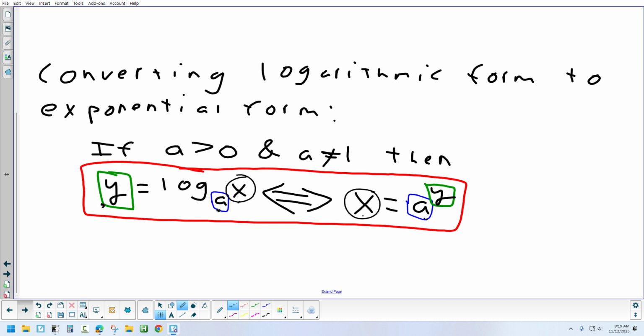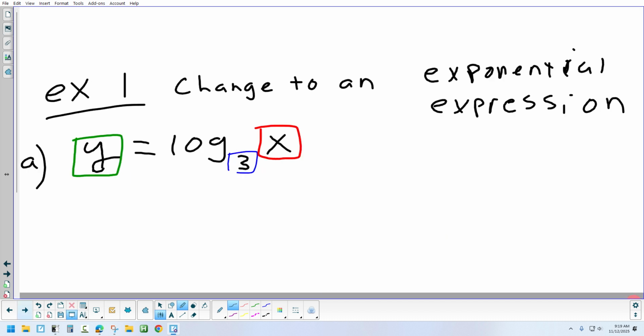All right, so let's try that on this one. Now there is nothing you can solve because you have two variables. To make this problem something you could solve, I would have to tell you what y is. But we don't know what it is. So when you're done, I want something that looks just like that, without the word log.